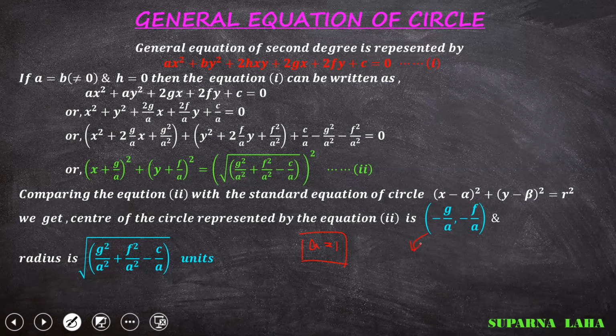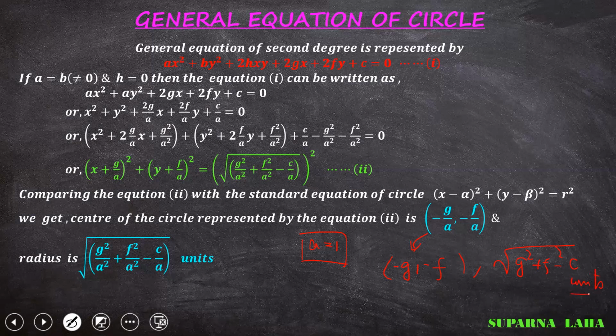center will transform into (−g, −f), right? And the radius will be the square root of g² + f² − c units.